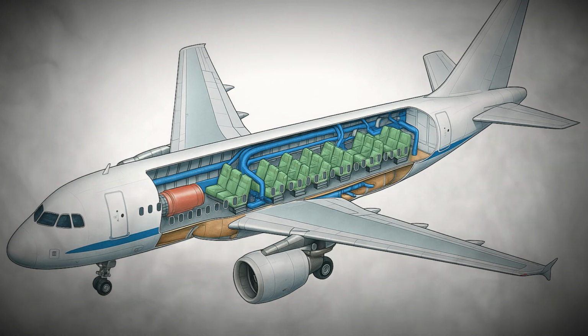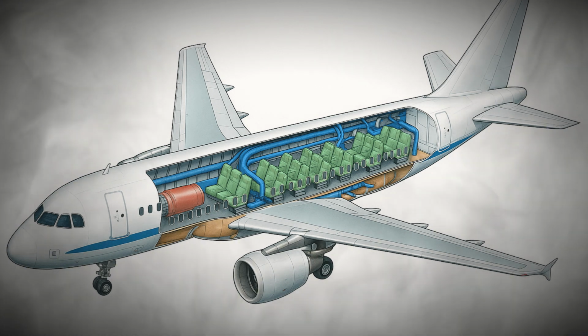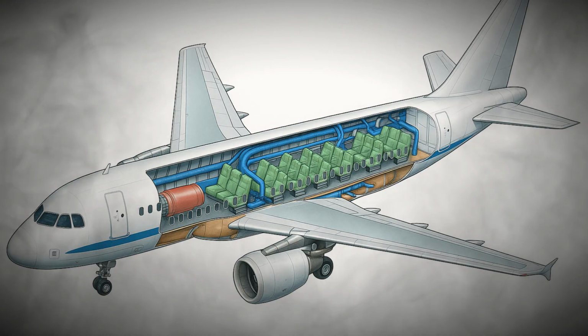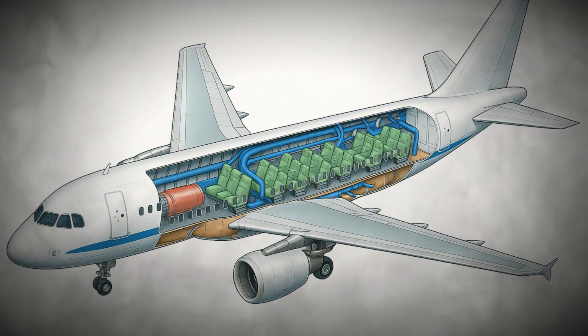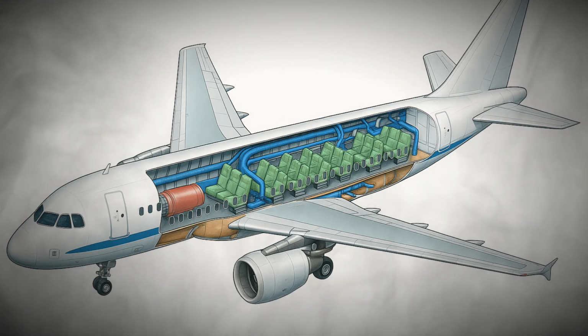Fly-by-wire replaces mechanical linkages with electronic signals, allowing computers to interpret pilot inputs and apply them more precisely, while also providing automatic stability adjustments. This technology increases safety and efficiency, ensuring that the airplane responds smoothly even in turbulent conditions.